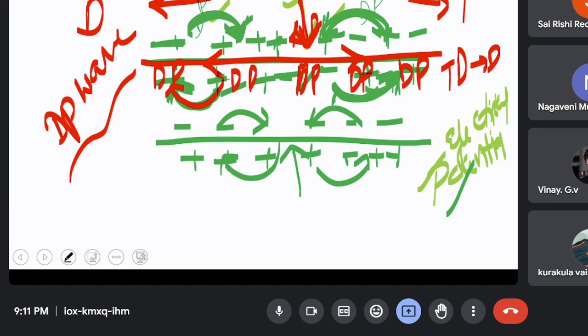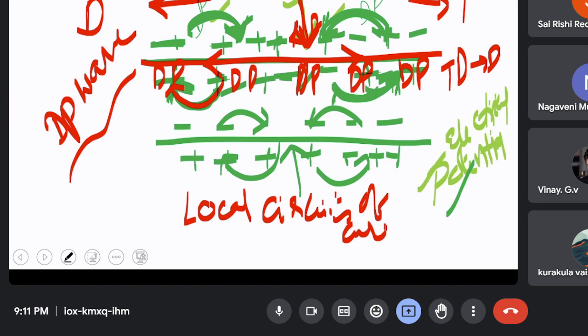Thus, with respect to the same neuron it is bidirectional, but the propagation to the next neuron is always unidirectional. So, the formation of local circuits of current is said to be the reason behind the propagation of nerve impulse.